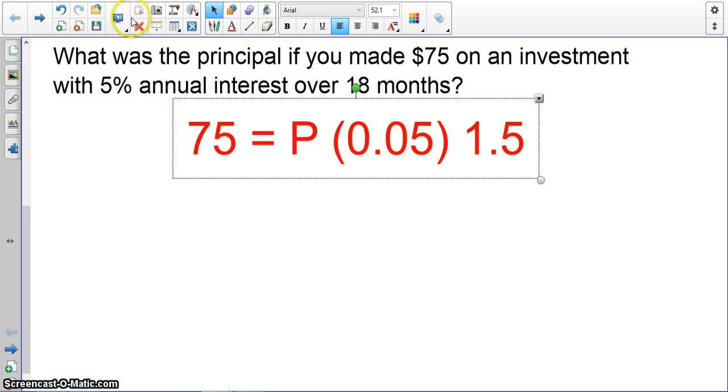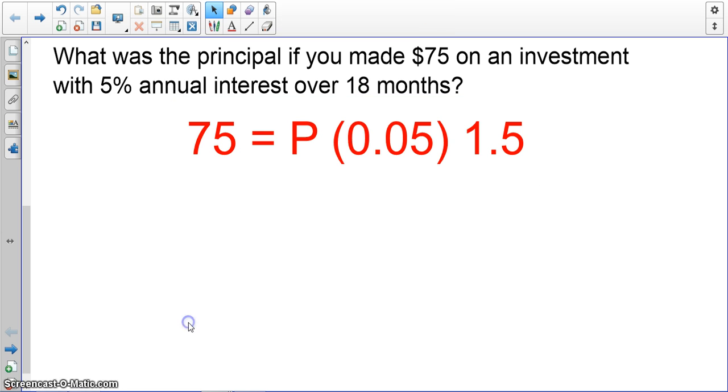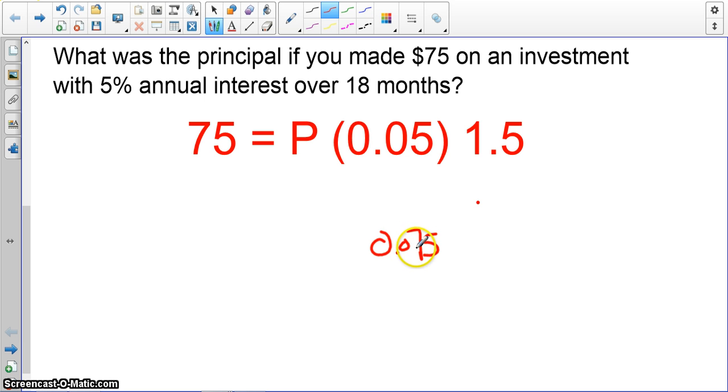So now it's math time. We multiply these together, and we get 0.075 times P equals 75.